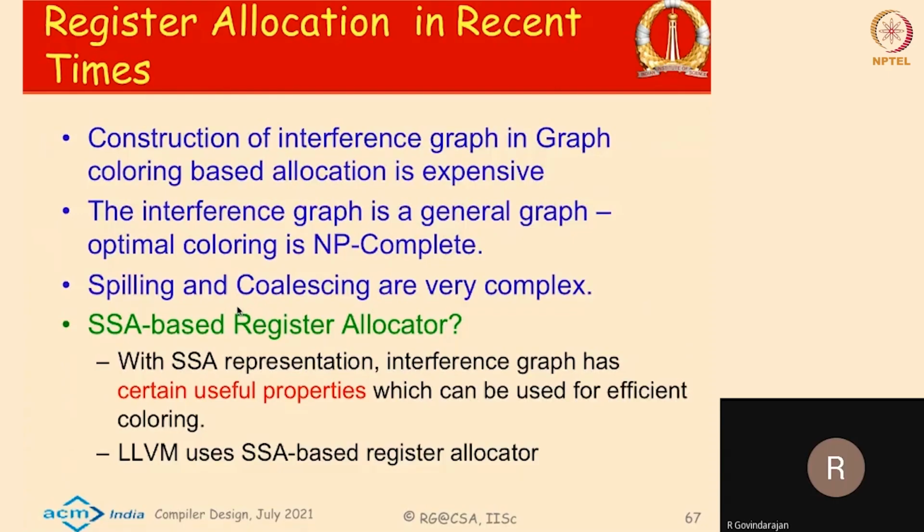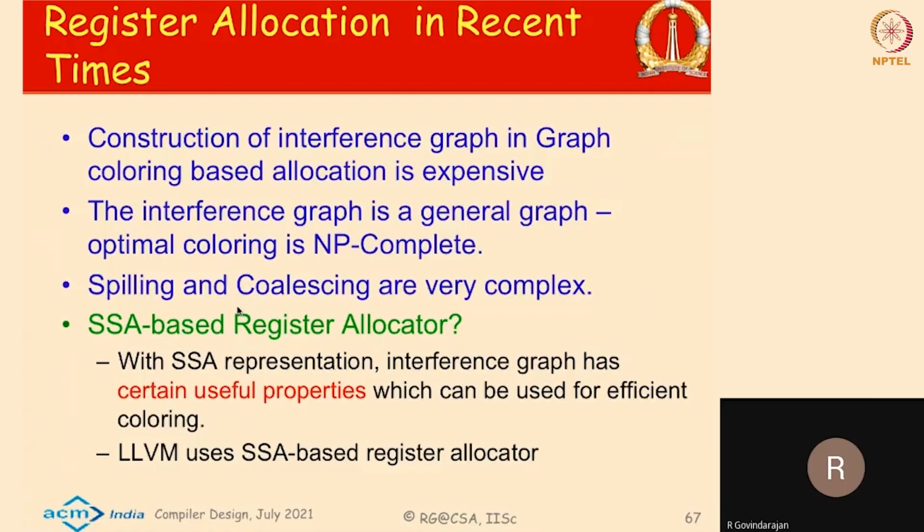You don't necessarily build the interference graph, but the resulting interference graph would have certain properties. Therefore, you could go ahead and build more efficient graph coloring methods, right? More efficient register allocation methods for them.